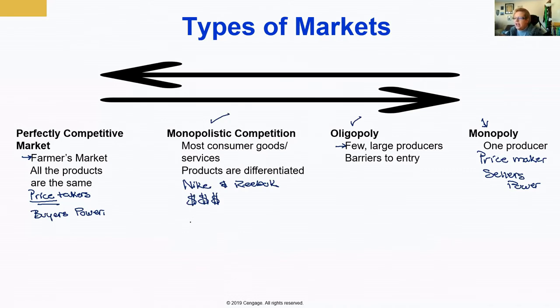And if you're looking at a consumer standpoint, and looking at bottom up, you might say this market is monopolistic competition, but then you find out there's only a few producers. And so now you're looking at the supplier down, and you might say it's an oligopoly. So again, these two are hybrids, if you will, in between the perfectly competitive market and monopoly.